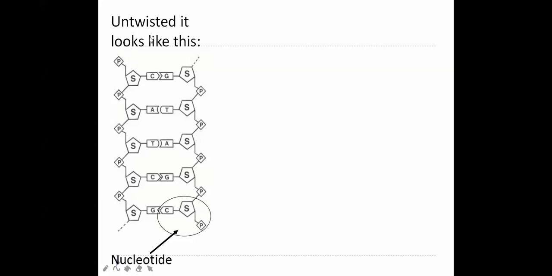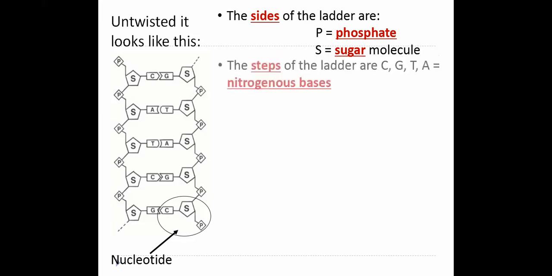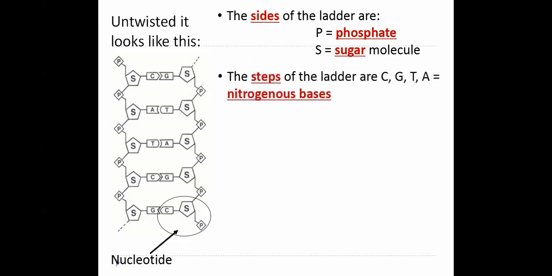Imagine this as a ladder. The sides of the ladder have a phosphate and a sugar molecule. Phosphate is at carbon number 5 of the sugar molecule. These are the sides of the ladder. Then the steps in between, where you step, that's where we have the nitrogenous bases.